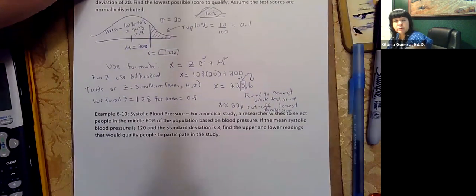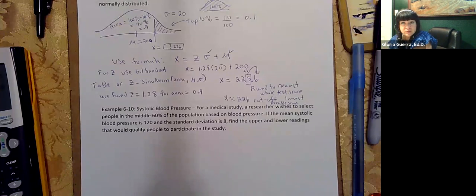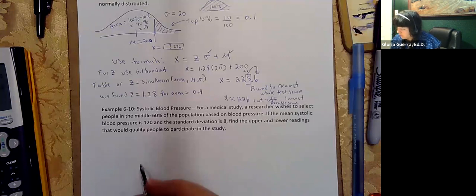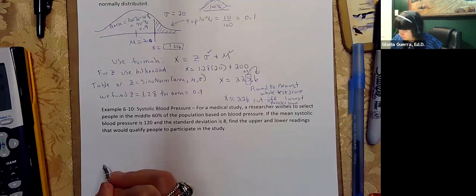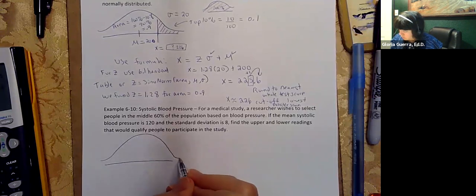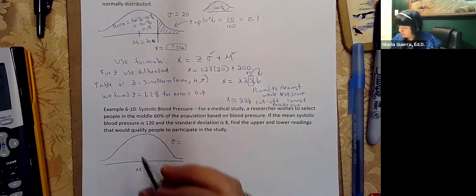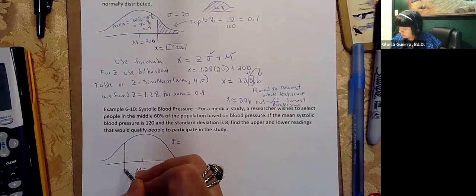Okay, and then there's one more example like that at the bottom here, but this one's got symmetry. Systolic blood pressure. For a medical study, a researcher wishes to select people in the middle 60%. So you have something like this going on.